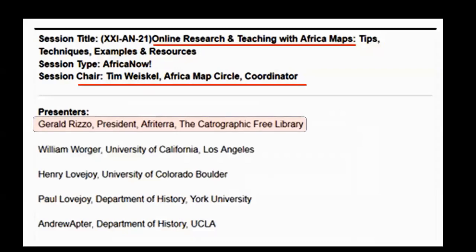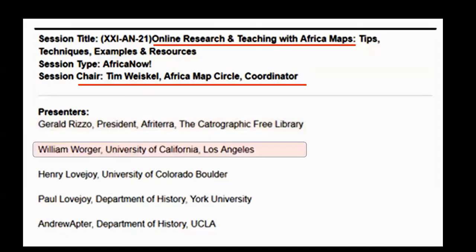It's being coordinated by myself, Tim Weiskel, but we're very fortunate to have Dr. Gerald Rizzo, president of Afroterra, lead off the discussion on the panel. Then, historian William Warriger from the University of California, Los Angeles, distinguished historian of South Africa, is going to be giving a presentation.